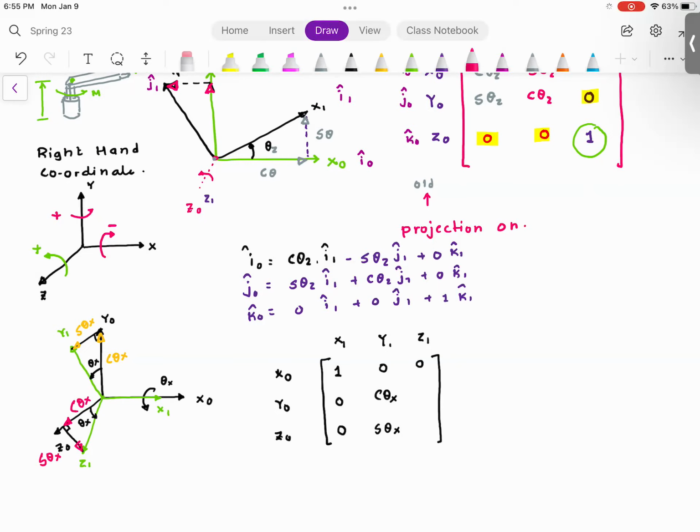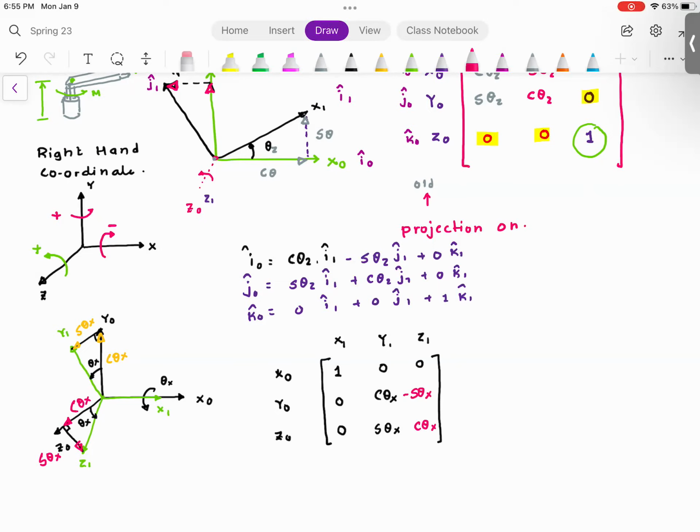So if you look, the cosine theta x is in the same direction as z naught. So this becomes cosine theta x. But if you look at the projection of z1 onto y0, this is going to be minus sine theta x.